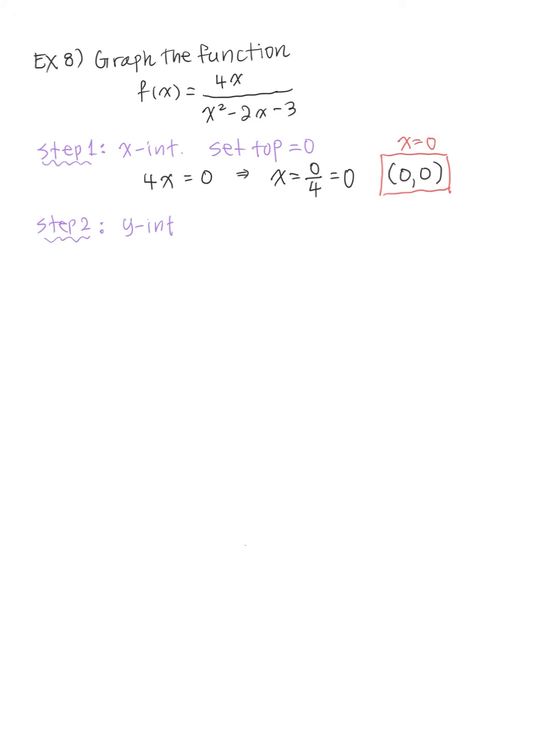Step 2, let's find the y-intercept. So how do you find that? You set x equal to 0 and then solve, which is the equivalent of saying compute f of 0. Okay, so let's do it. f of 0 is going to be 4 times 0, whole thing divided by 0 squared, minus 2 times 0, and then minus 3.